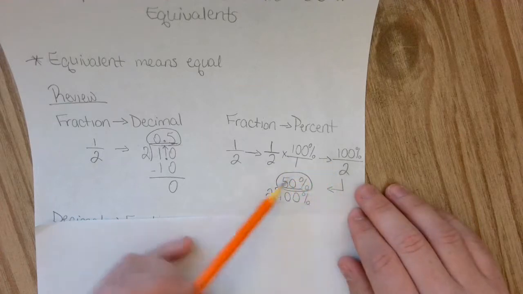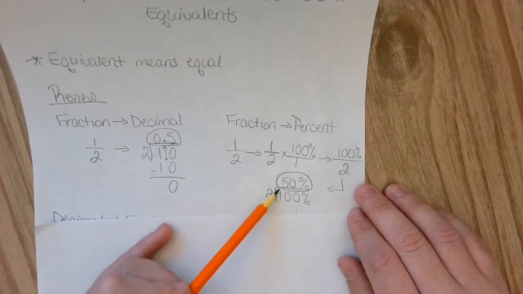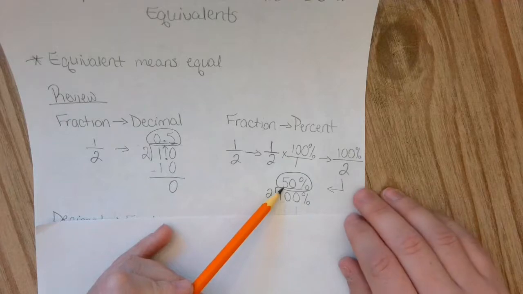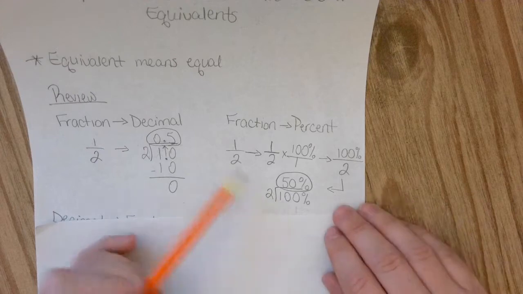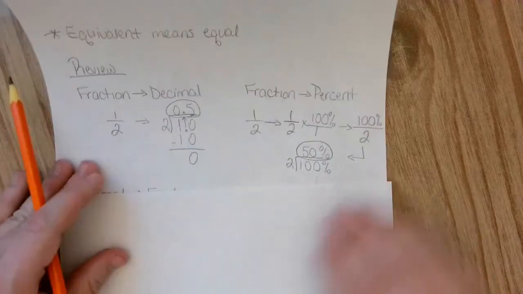And then you would divide 100% by 2 to get your 50%. And again, that way doesn't require you to worry about any decimals or moving them. So in my opinion, this is the easiest way to do that. So we took a fraction and put it into a percent. And you're finished with that one.